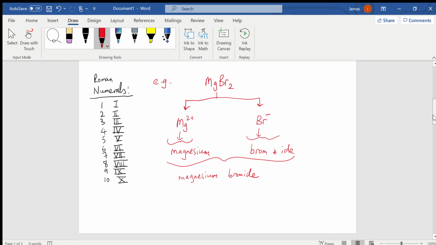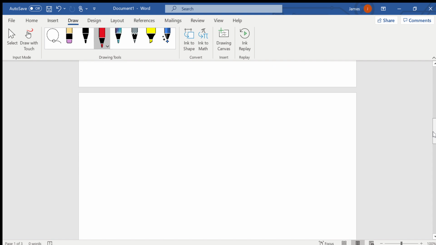Okay, what if we have variable charge ionic compounds? Let's have another example. Let's look at something like Fe2O3. So this is a D-block metal ion, so we're going to have variable charges.